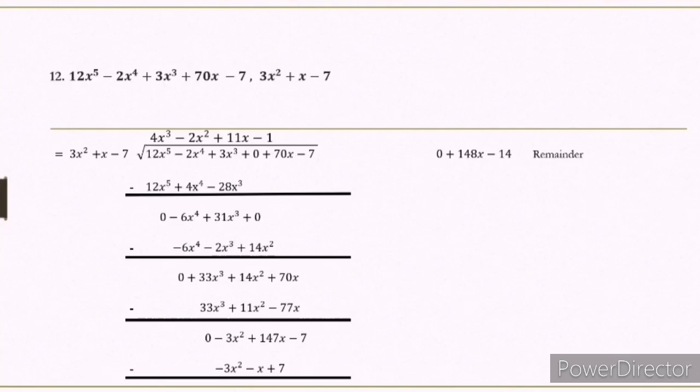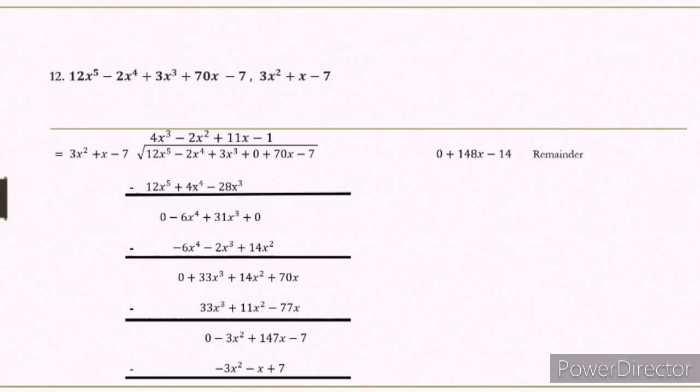Then negative 6x raised to 4 divided by the first term of the divisor is equal to negative 2x raised to 2. Then negative 2x raised to 2 multiplied by the divisor.